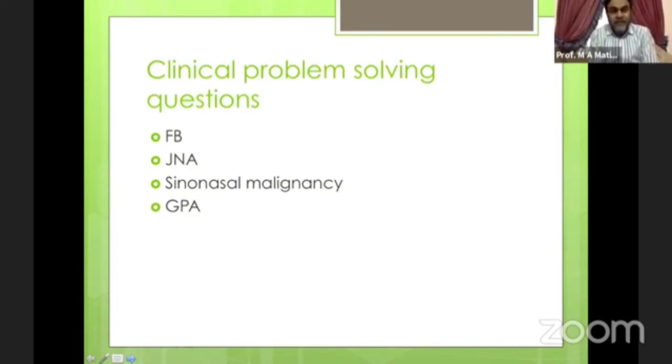Another patient: suppose a 45-year-old male patient presents with recurrent epistaxis, crusting from the nose, associated with hemoptysis and hematuria. So think of that: the patient has a multi-system disease.